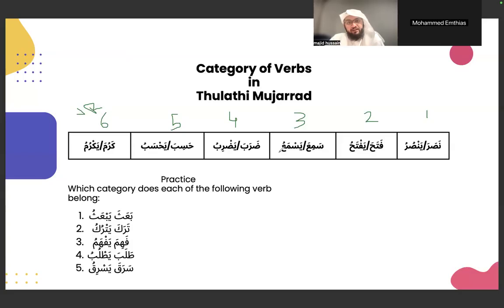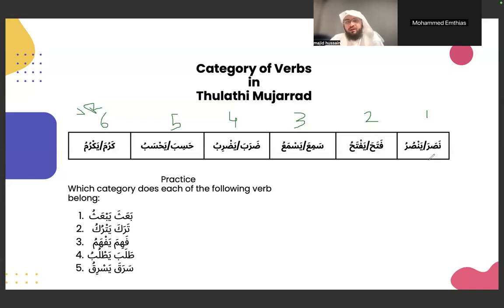Similarly, if you look at number 4, we see that the present tense of the verb again changed. The Ain kalima of the root letter again is Kasra. And in category number 3, the past tense has the Ain kalima of the root letter as Sami'a. It was very different to Nasara.